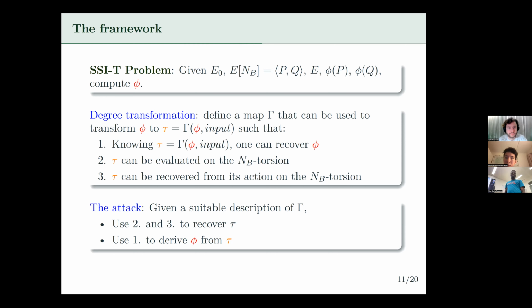So this degree transformation is a sort of transformation where you use your isogeny of degree NA to build an isogeny of degree NB that you can evaluate. This isogeny is denoted by tau.